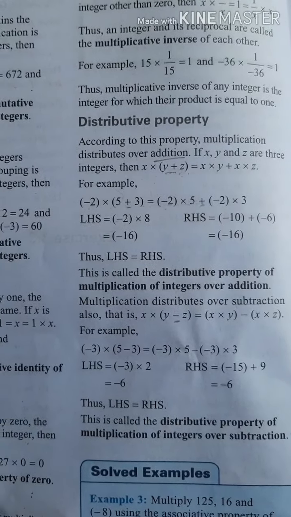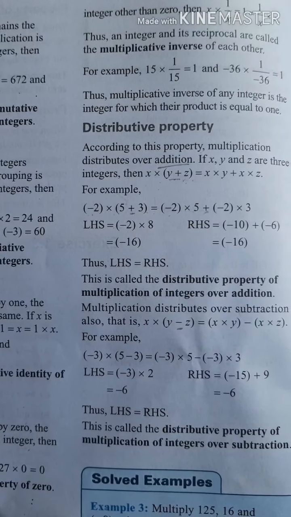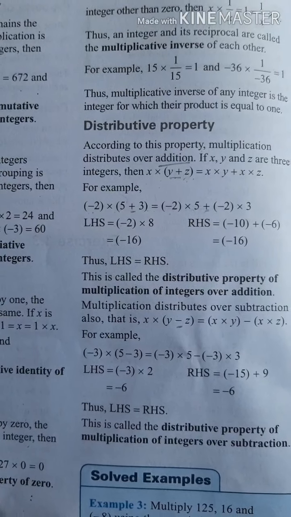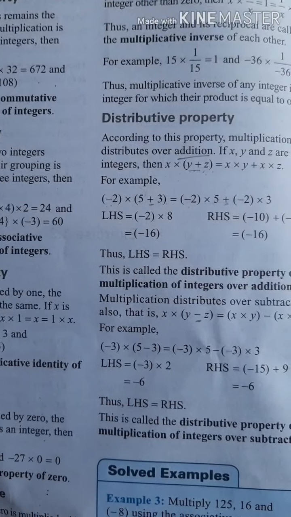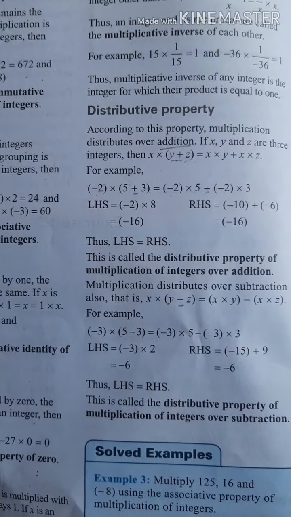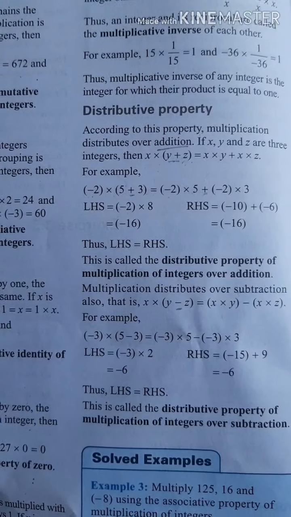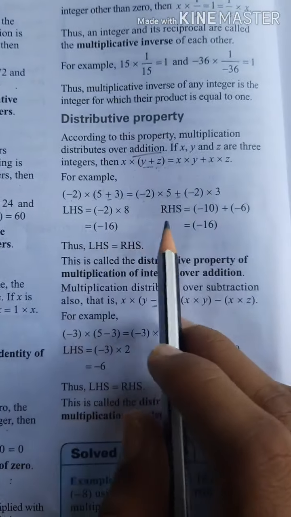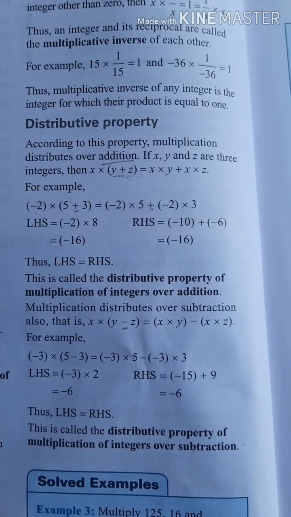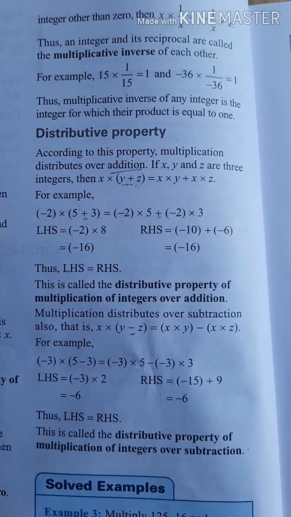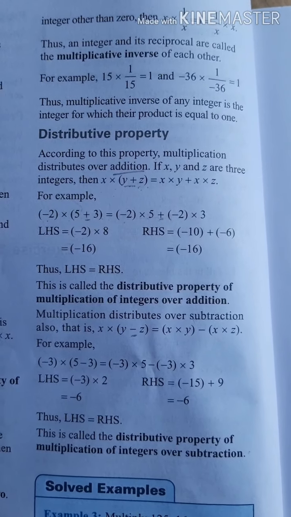So take the left hand side. First do inside the bracket, 5 plus 3. 5 plus 3 is 8. And minus 2 into 8. Minus into plus is minus. 2 8s are 16. This is the left hand side. Come to the right hand side. Here is minus 2 into 5. First multiply minus 2 into 5. 2 5s are 10. Minus symbol is there.